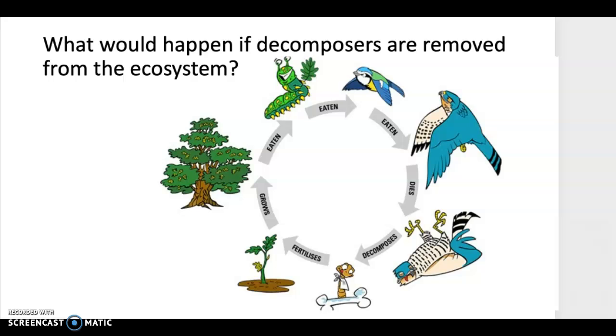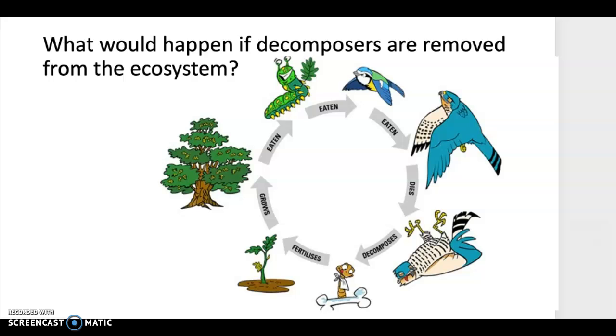So they turn into chemical nutrients. How do decomposers help us? They recycle dead plants and material. They get rid of the dead plants and material that we no longer need, but they release back the nutrients, which we do need.